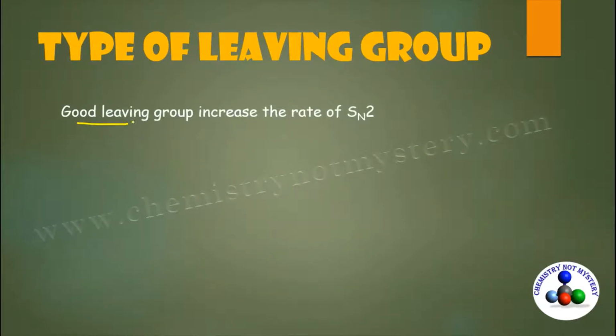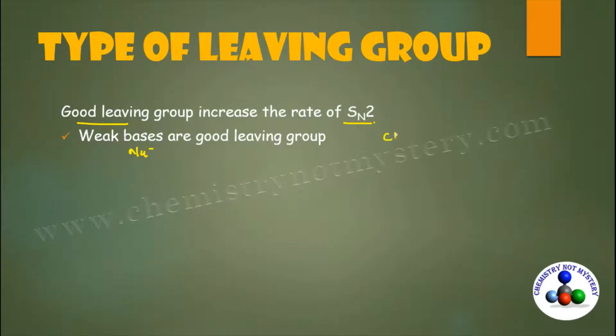A good leaving group increases the rate of SN2 reaction. But how do you identify which group is a good leaving group? So weak bases are good leaving groups, or you can say weak nucleophiles are good leaving groups. For example, when you compare the leaving ability of Cl- and OH-, which one is a good leaving group?